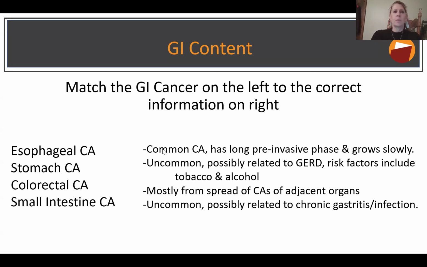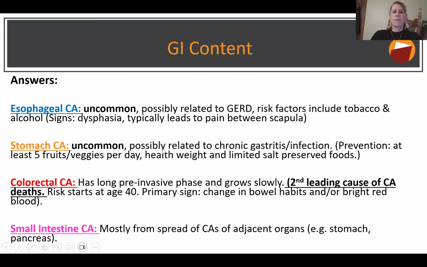All right, so here are our answers. Esophageal cancer, it's uncommon. Because it's uncommon, I don't think it's as likely to show up on the NPTE. But it is related to GERD, and big risk factors are when somebody is a heavy smoker and a heavy drinker.